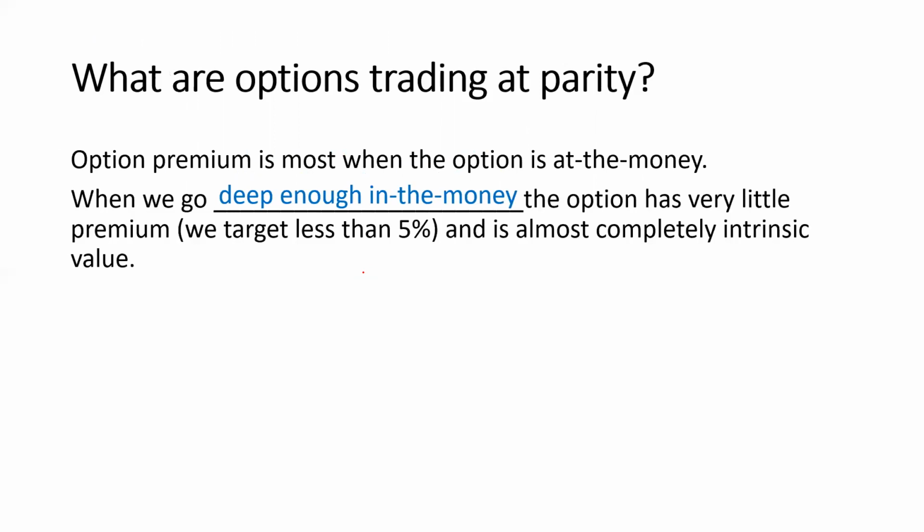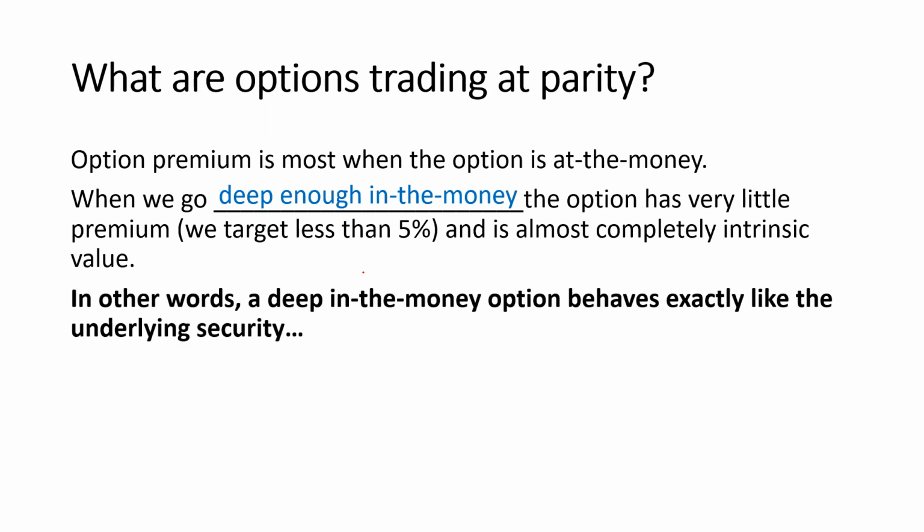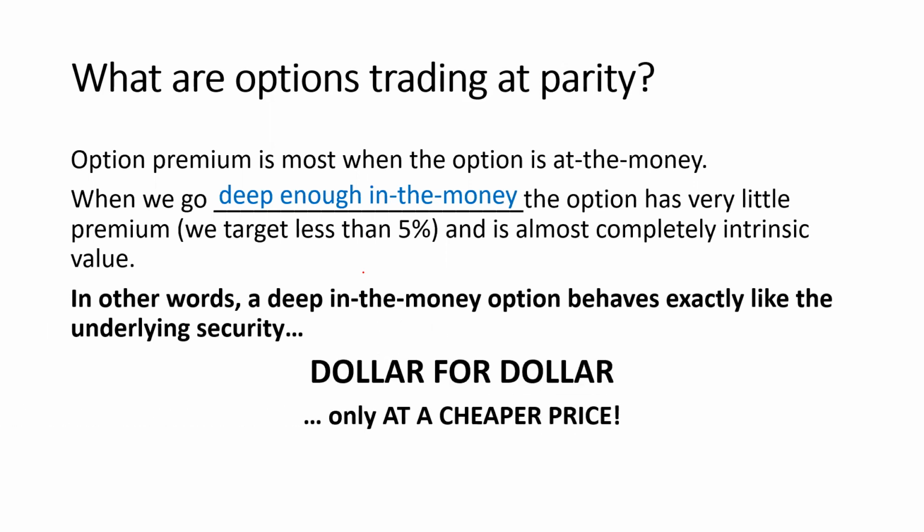We don't want it to have premium. We want it to have mostly in-the-money value. Why? Because then it's going to act like the underlying symbol. It's going to behave like if the underlying symbol moves $1, so will my deep in-the-money option move $1, but it's going to do it at a cheaper price.